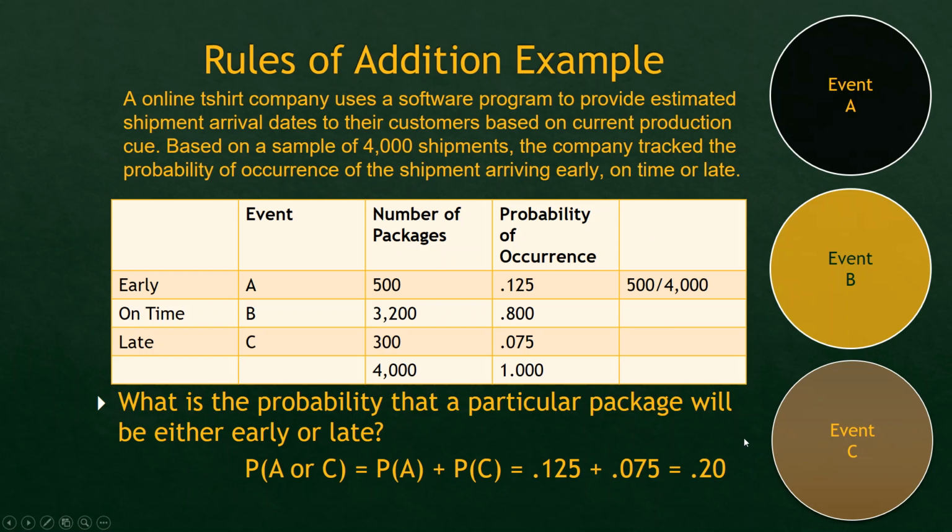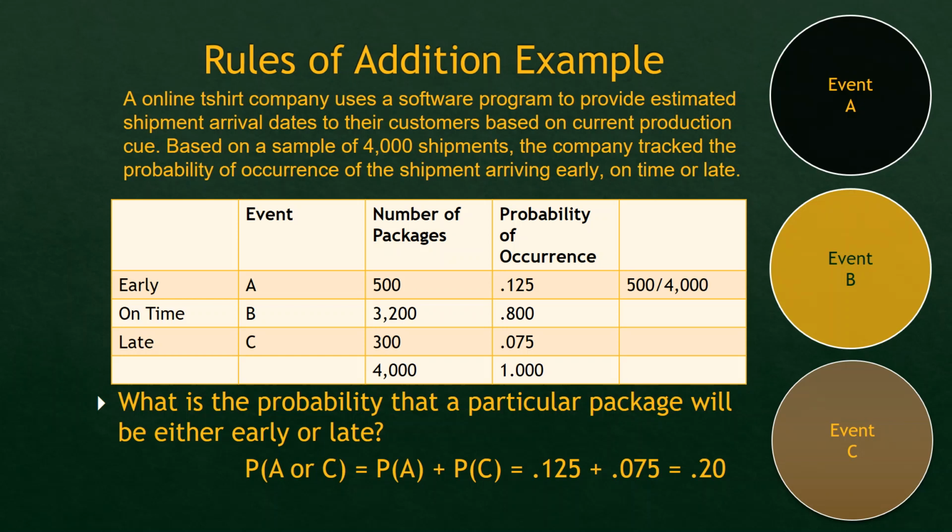Here's an example where an online t-shirt company uses a software program to provide estimated shipment arrival dates to their customers based on current production queues. Based on a sample of 4,000 shirts, the company tracked the probability of occurrence of the shipment arriving early, on time, or late.